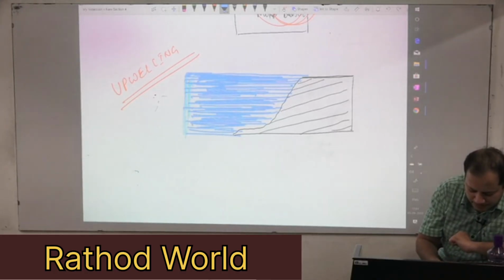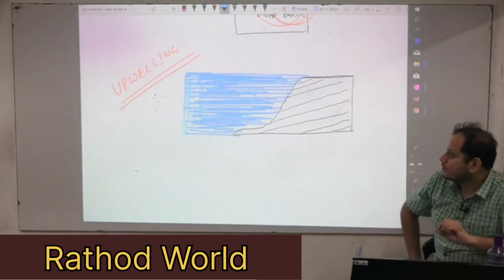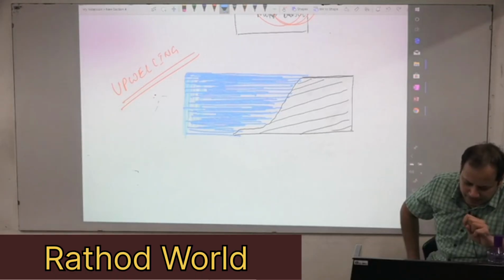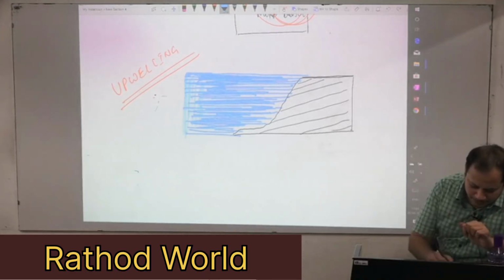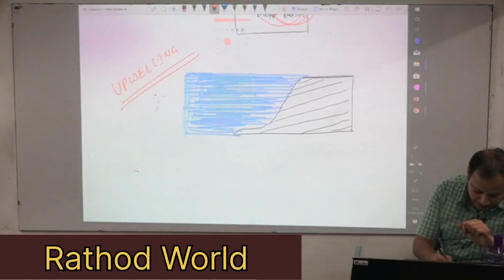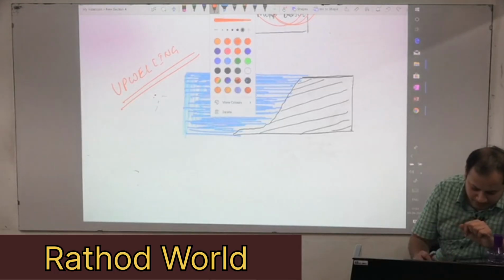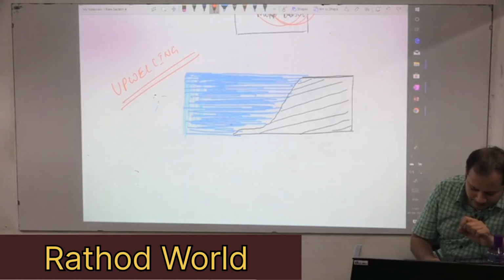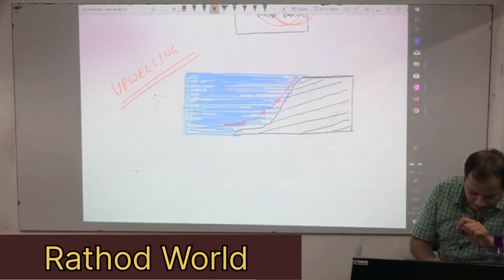In the form of which currents? Equatorial currents. This causes a deficit on the eastern side of the oceans. As a result, upwelling of cold water from below occurs.